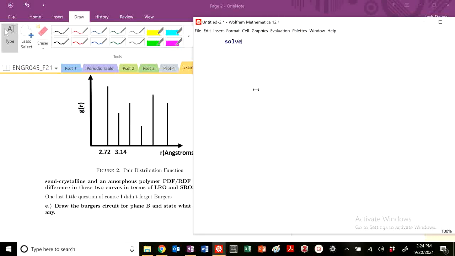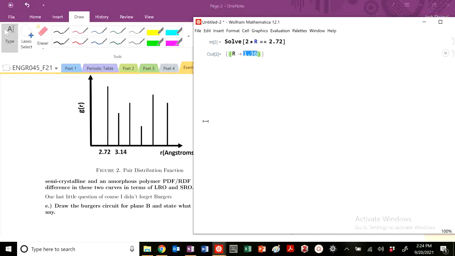I'm going to solve. 2 times R equals 2.72 angstroms. So we'll solve that in terms of R. And then let's see if that next value is set equal. There we go.